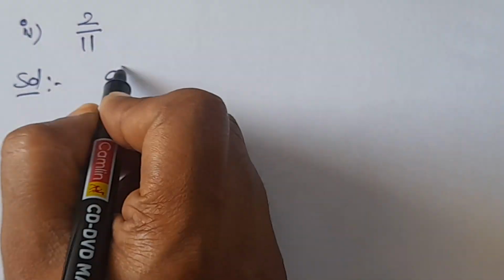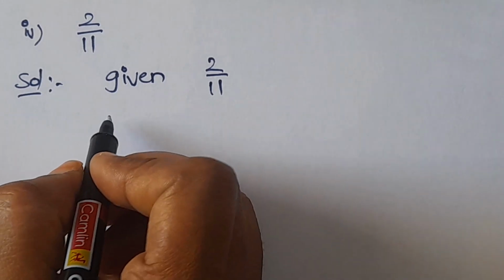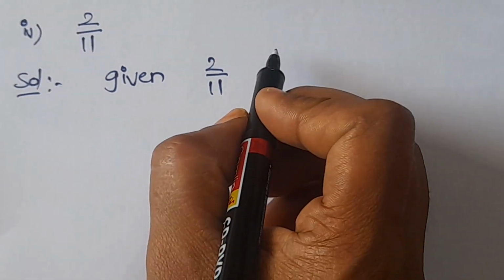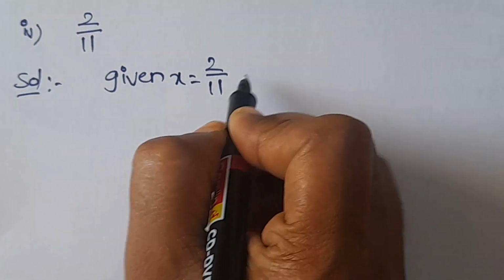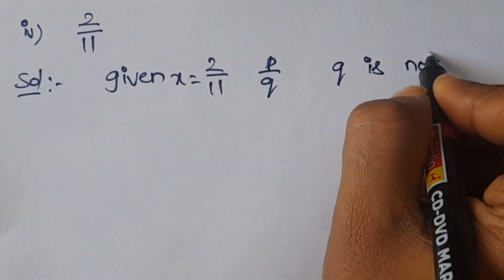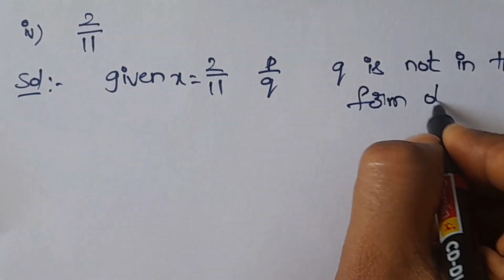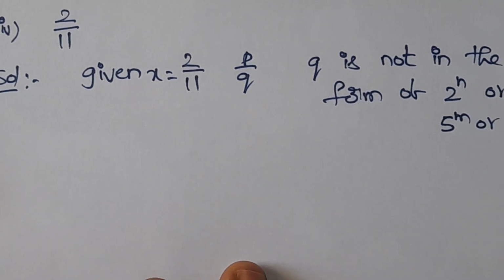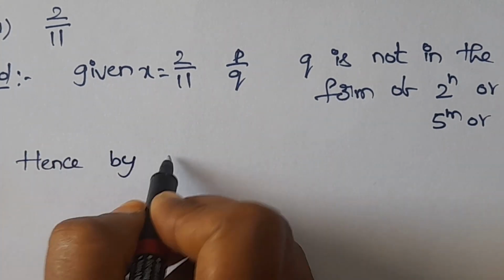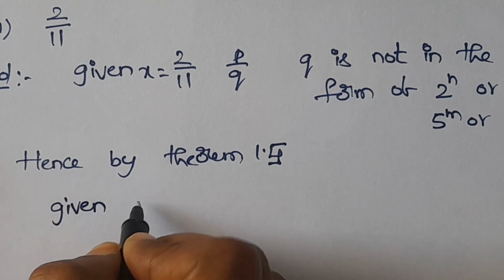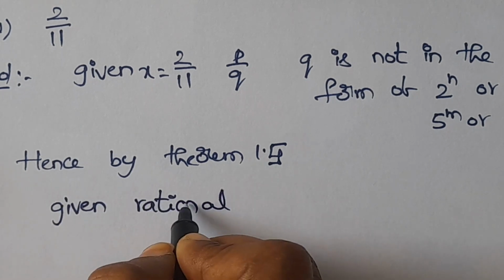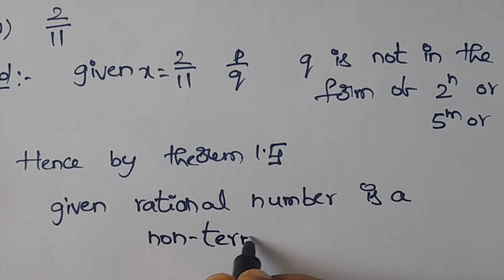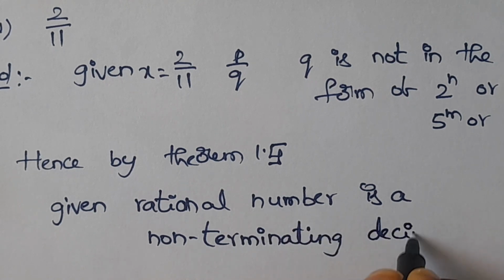Next, fourth bit, 2/11. At first sight we know the denominator is not of the form 2 power n into 5 power m. That's why the given rational number has a non-terminating decimal expansion; we can say this just by looking. However, let's check. q is not of the form 2 power n or 5 power m or 2 power n into 5 power m. Hence by theorem 1.5, the given rational number is in the form of p by q and q is not of the form 2 power n into 5 power m.